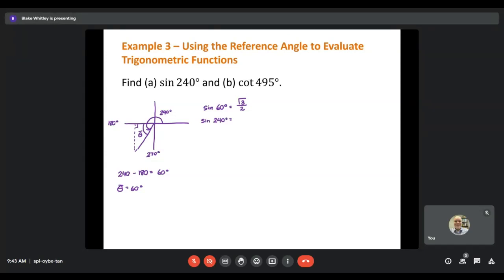But we know, because 60 degrees is our reference angle, it should have the same value, except it could be negative instead of positive. So we have to think about which quadrant we're in now. Well, we're in quadrant 3, and in quadrant 3, only tangent and cotangent are positive, which means everything else should be negative, including the sine value. So that means we're going to get a negative square root of 3 over 2.